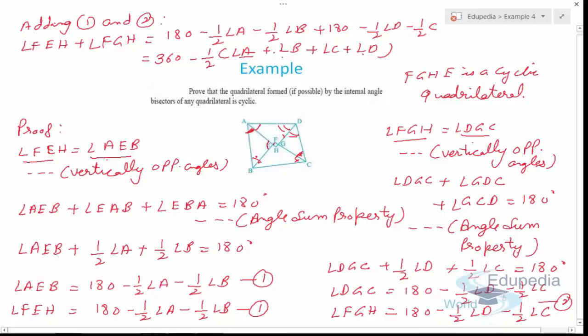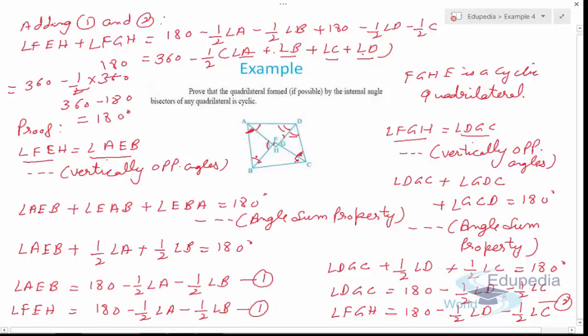Now angle A plus angle B plus angle C plus angle D is 360 because the sum of angles of a quadrilateral is 360 degrees. So we can write this as 360 minus half of 360, which is 360 minus 180, which equals 180.